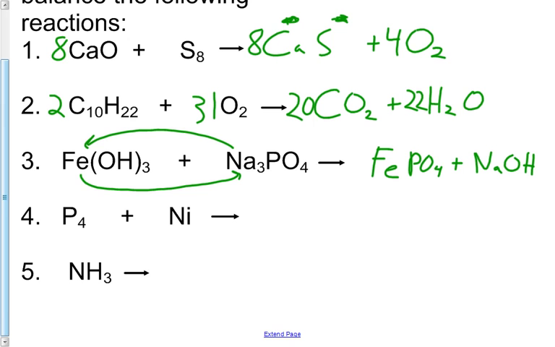What charge did iron have over here? 3. So it has to have 3 over here, which means that this compound is also okay because phosphate is a -3. Now we have to do some balancing. There's 3 sodiums over here, so I need a 3 there, which gives me the 3 OHs that were present on the reactant side, so now the equation is balanced. So 1 mark for FePO4, 1 mark for NaOH, and 1 mark for the balancing.